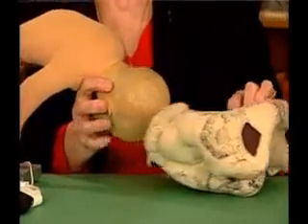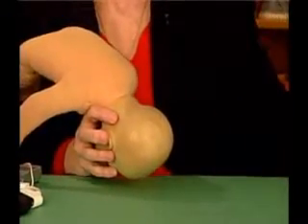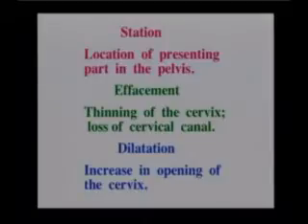Now, the next thing we want to talk about is effacement. When we talk about effacement and dilatation, we're talking about the changes in the cervix that allow the delivery of the baby. Effacement refers to the thinning of the cervix or the loss of the cervical canal.